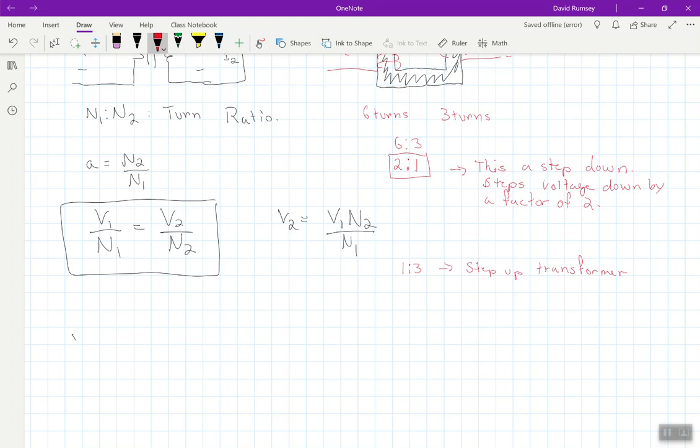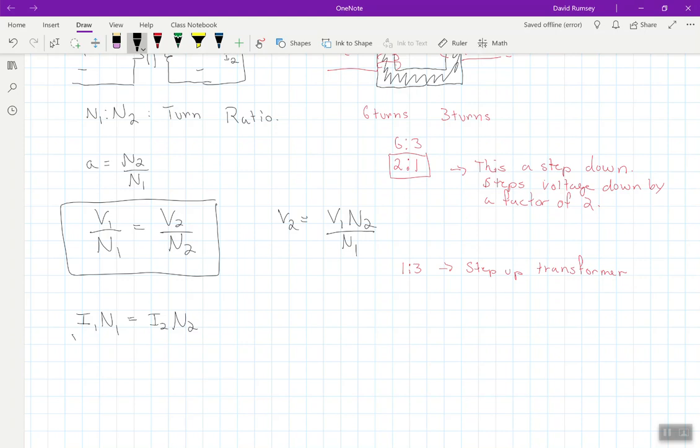So, very simple here. The other extremely important equation we want to keep in mind is the current one: I1 N1 is equal to I2 N2. This should not seem too surprising, because we said in the previous video that if voltage goes down, current should increase.